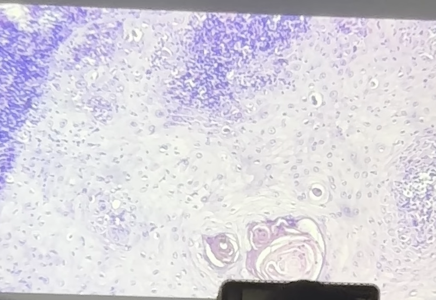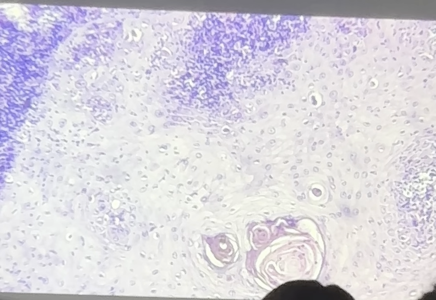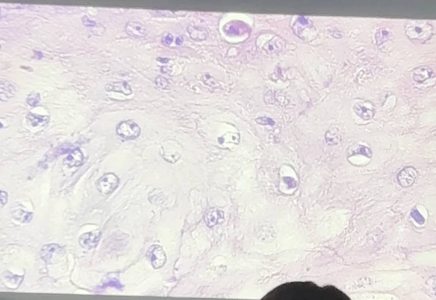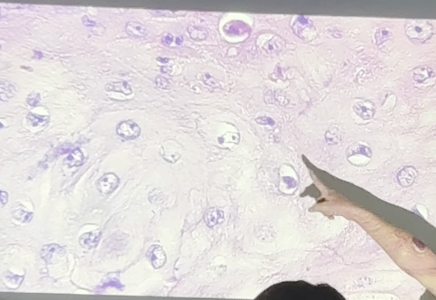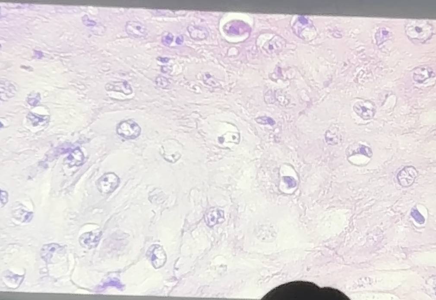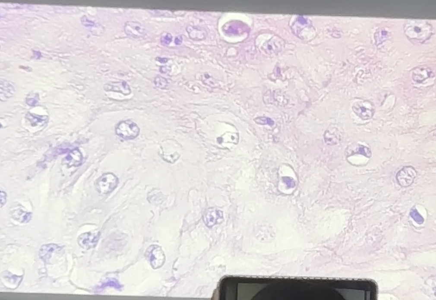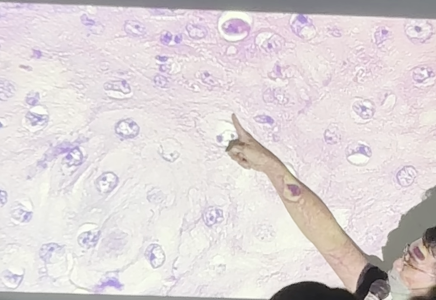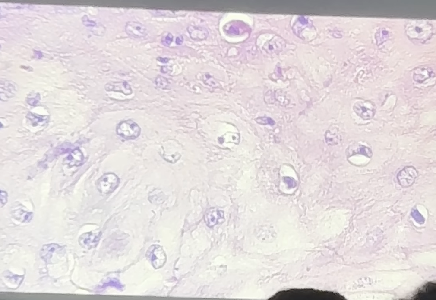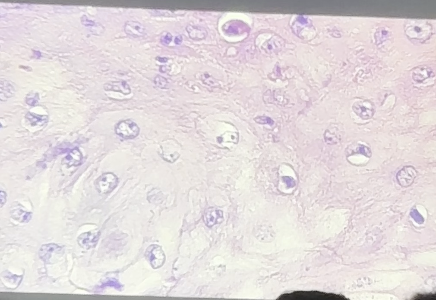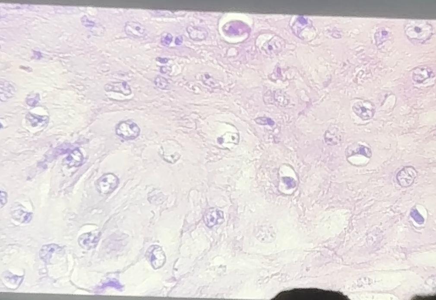Another feature is, let's see if we can see it. We'll go to high power. Yes. Do you see these little spines? Do you remember stratum spinosum? That's where the desmosomes are. These are called intercellular bridges. That's also characteristic of squamous cells.